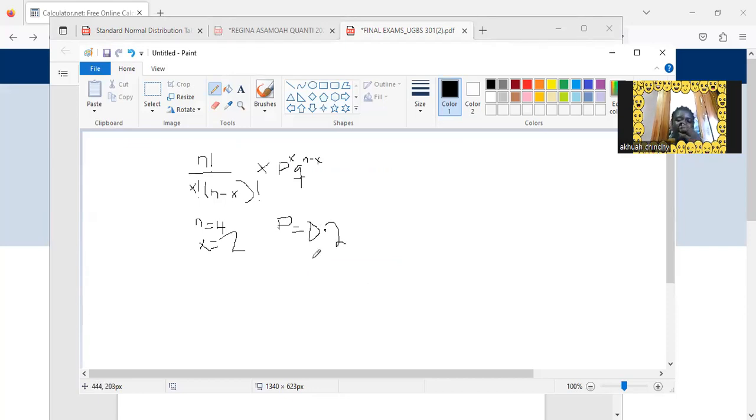Then if our p is 0.2, then our q will be what? 1 minus 0.2, because we said probabilities sum up to 1.